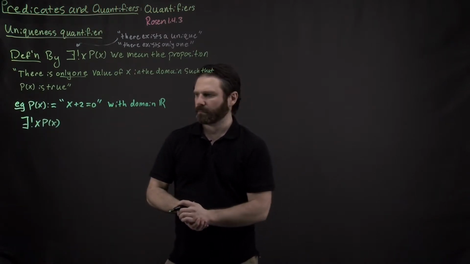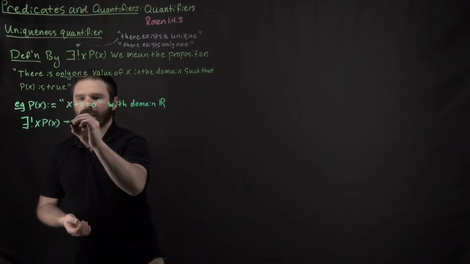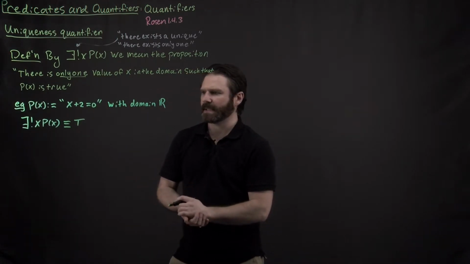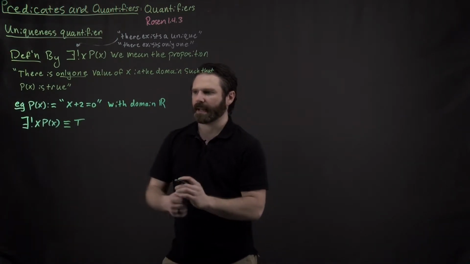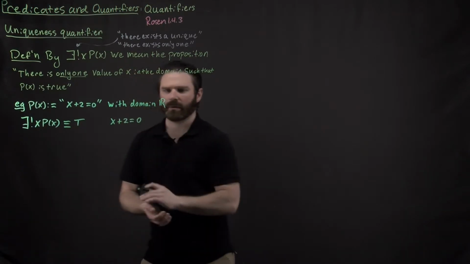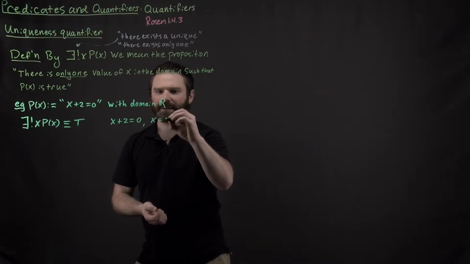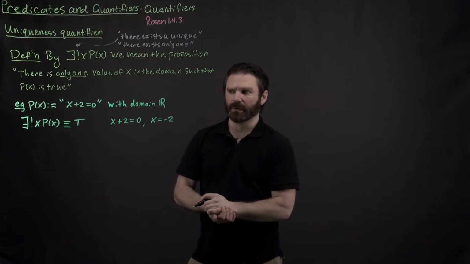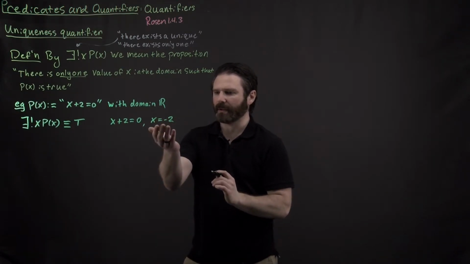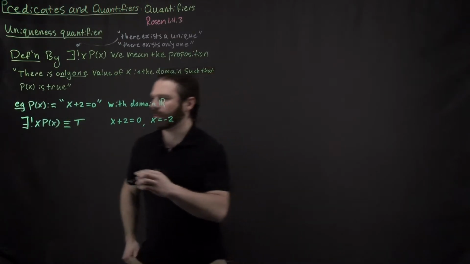Well, it's not actually too difficult to see that this thing here is true, because indeed just basic algebra tells us that if x plus 2 equals 0, then that means that we need to have x be negative 2, right? So here I have a value, and let's go ahead and see, does it actually make my propositional function true?